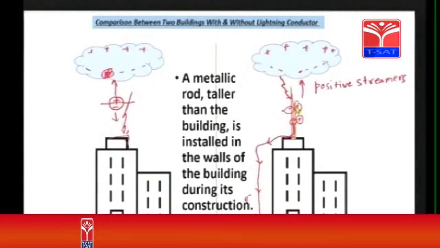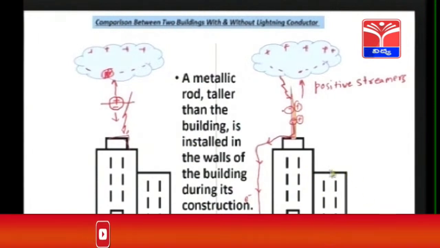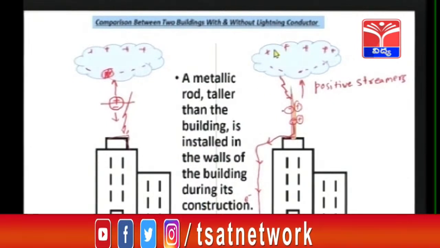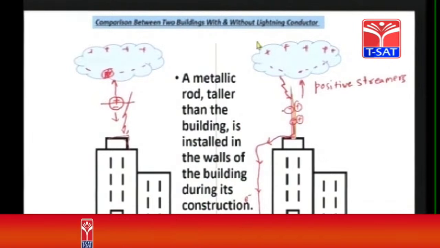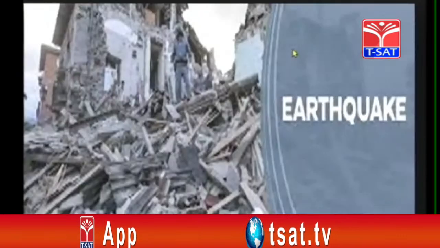That means all the charges absorbed by this metal rod are sent to the earth. This will protect the building, the electric appliances and the people inside it from the lightning. So this is the use of a lightning conductor. Every tall building should be protected from the lightning by using a lightning conductor.